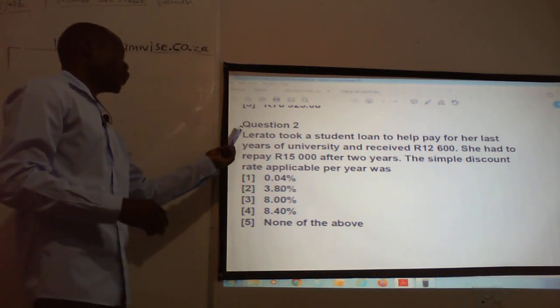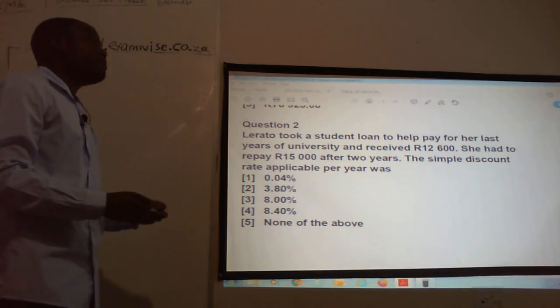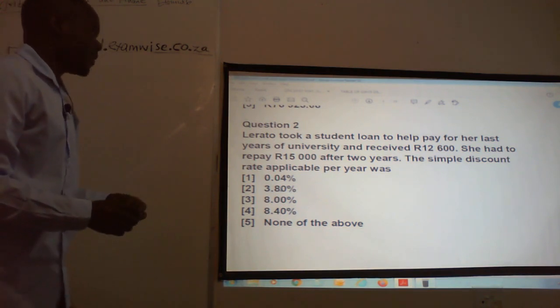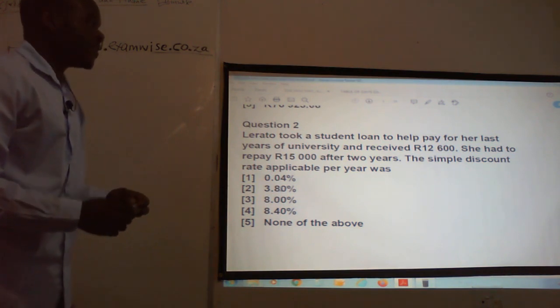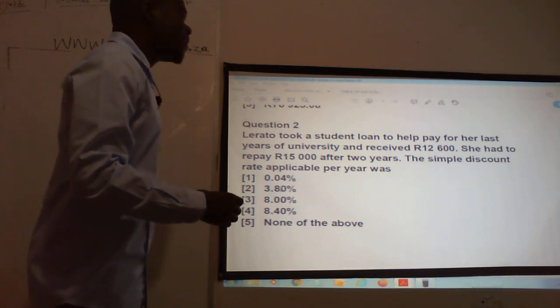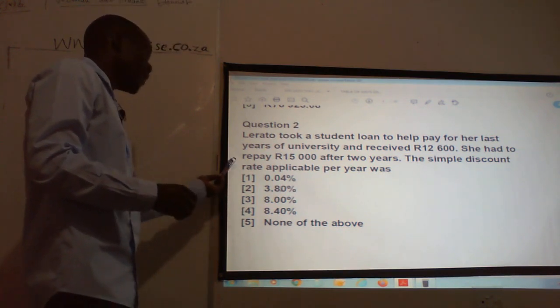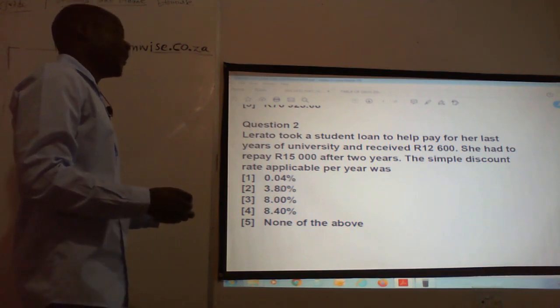So Lerato took a student loan to help pay for her last years of university and received 12,600. She had to repay 15,000 after 2 years.